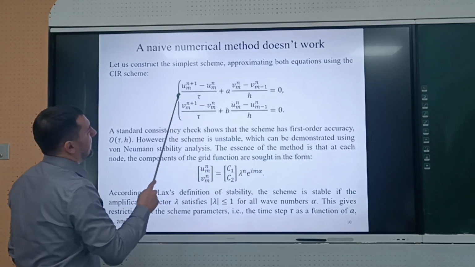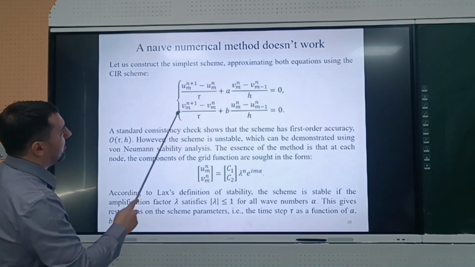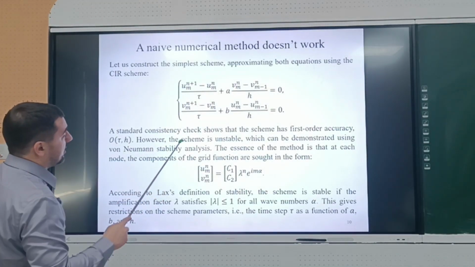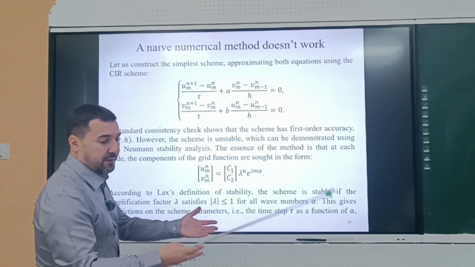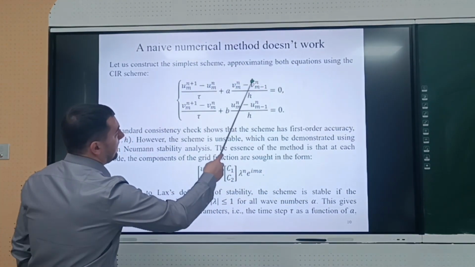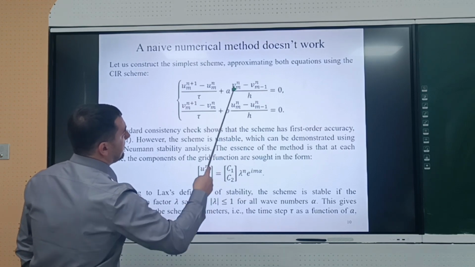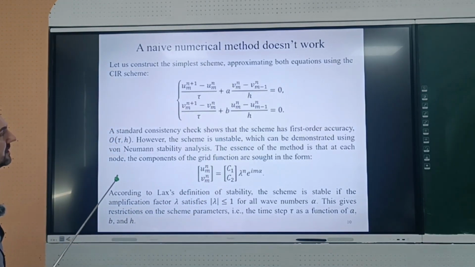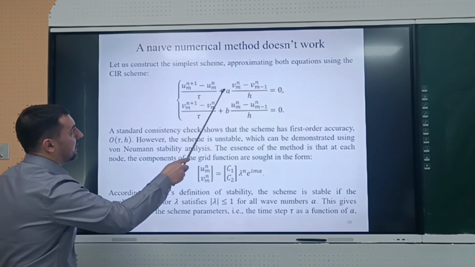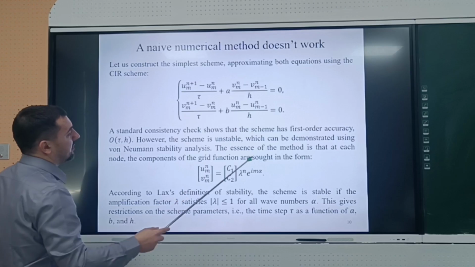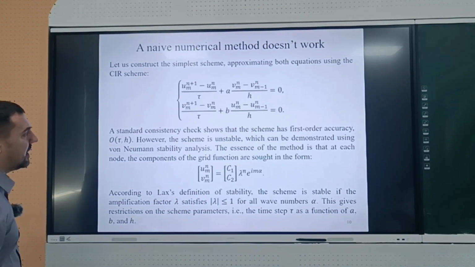We will use the explicit Euler scheme for the approximation of time derivatives, and upwind. We know the concept of upwinding, so we will take the upwind approximation for derivatives with respect to x. The problem here is that here we have u and here v, and here v and here u, but suppose that's okay.